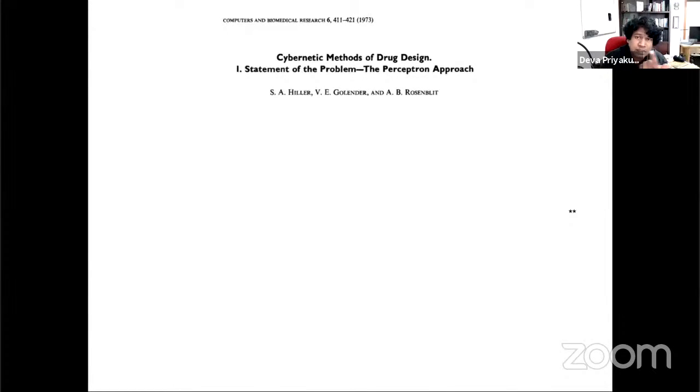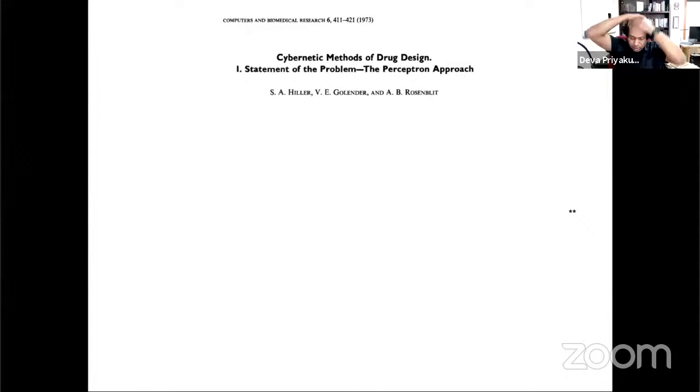The second phase, I tried to take some very simple examples and explain what we mean by machine learning in very, very simple terms, and how that is different from the traditional ways of computing. So we go to the third part, which is the actual applications in drug design.